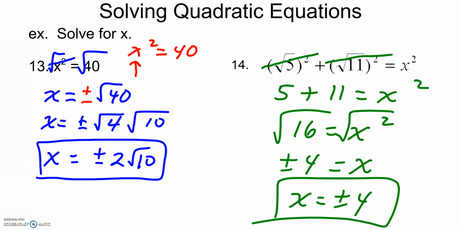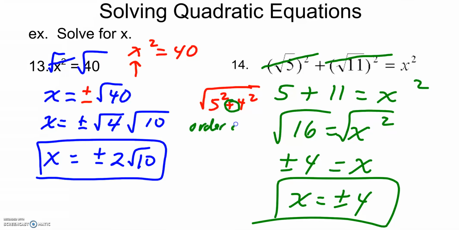Now, something good to be pointing out here is if I gave you the square root of 5 squared plus 4 squared, we cannot cross out the squared in the square root and this squared in the square root because of this plus in the middle.